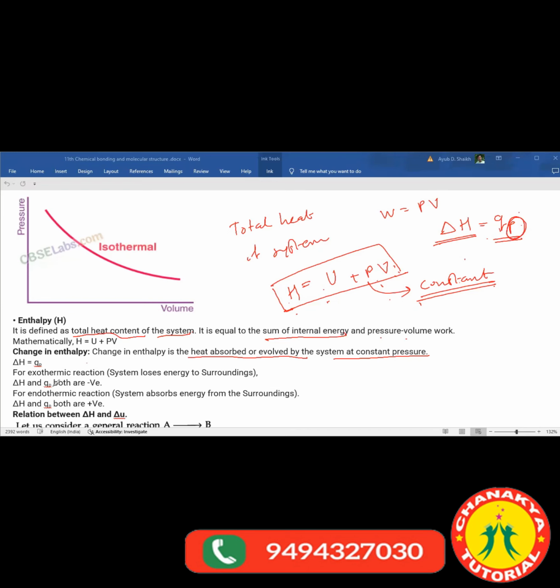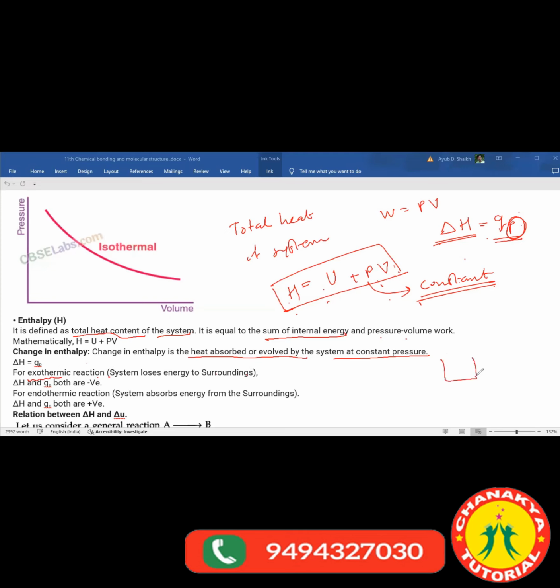Now see, for exothermic reaction, what happened in exothermic? What do you mean by exothermic reaction? Heat would be evolved, right? Heat will be given off from the system. And for the endothermic reaction, heat would be absorbed in the system. So these two things you need to keep in your mind. When exothermic reaction is there, system loses energy to the surrounding.